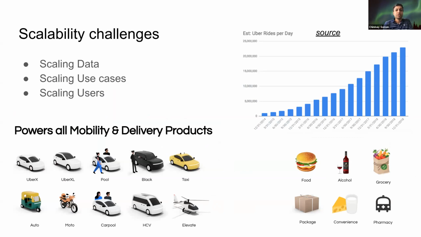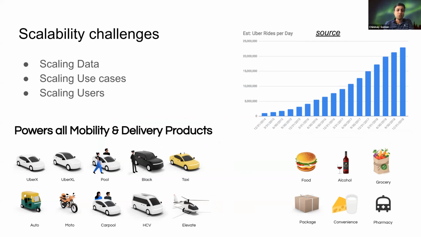Our platform was designed to address the following scalability challenges within Uber. The graph on the right shows the rapid increase in Uber trips over the years, which translates to an exponential growth in data that's being ingested. As of December 2020, we were getting trillions of events in any given day, which amounts to several petabytes of data.